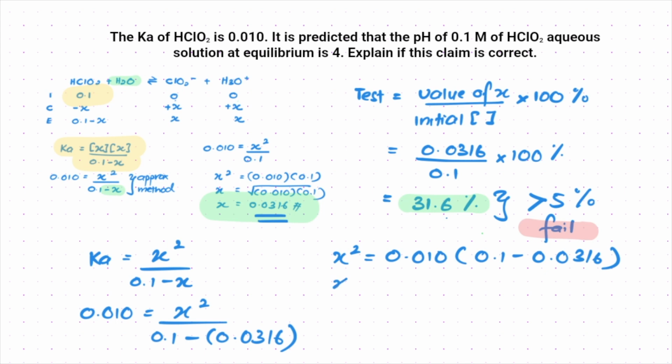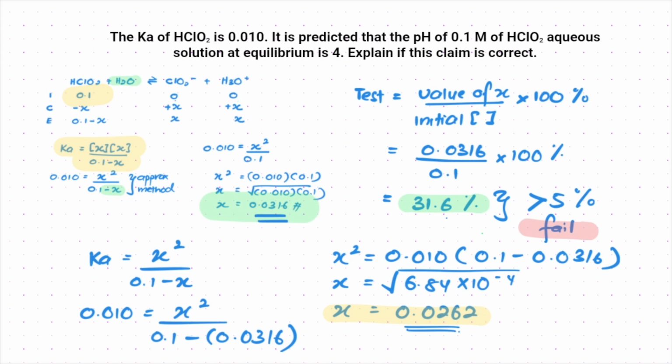Therefore, we will get X is equivalent to the square root of 6.84 times 10 to the power of negative 4. Therefore, your X is equivalent to 0.0262. From here, you do not need to make a test check again. We are going to use this value of X as is.